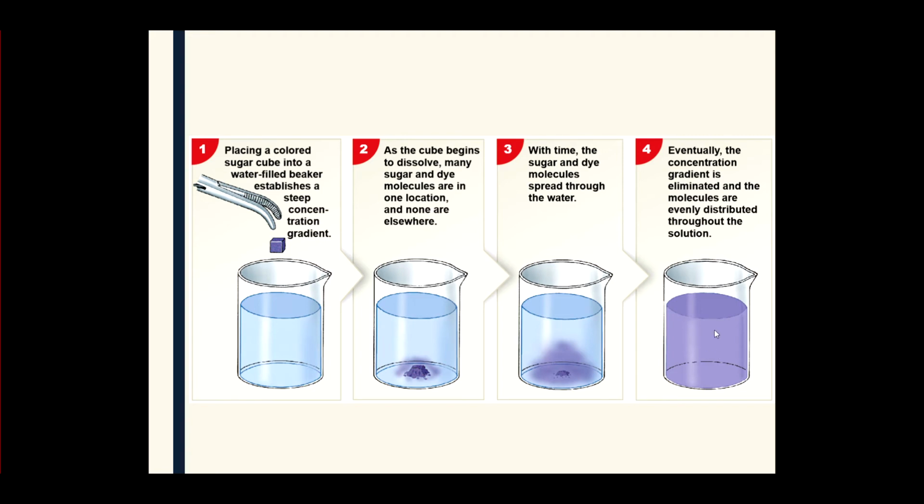Eventually, the concentration gradient is going to be gone as all the sugar dissolves in the water, and the dye, you can see, is spread out now evenly throughout the solution. We actually call that an equilibrium, right? That would be no more concentration gradient. Everything's just kind of balanced out, right? So eventually the concentration gradient is eliminated and the molecules are evenly distributed. That's what we would call an equilibrium.